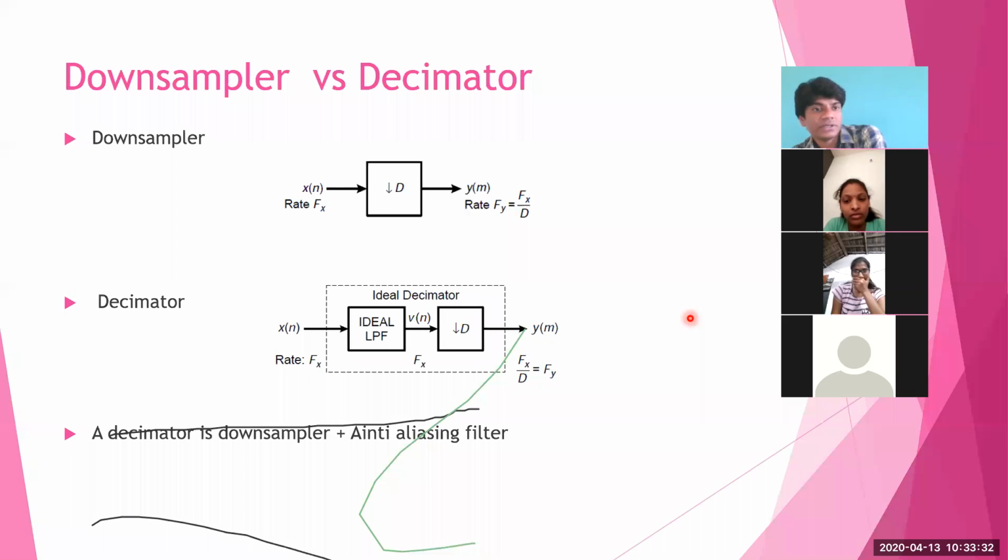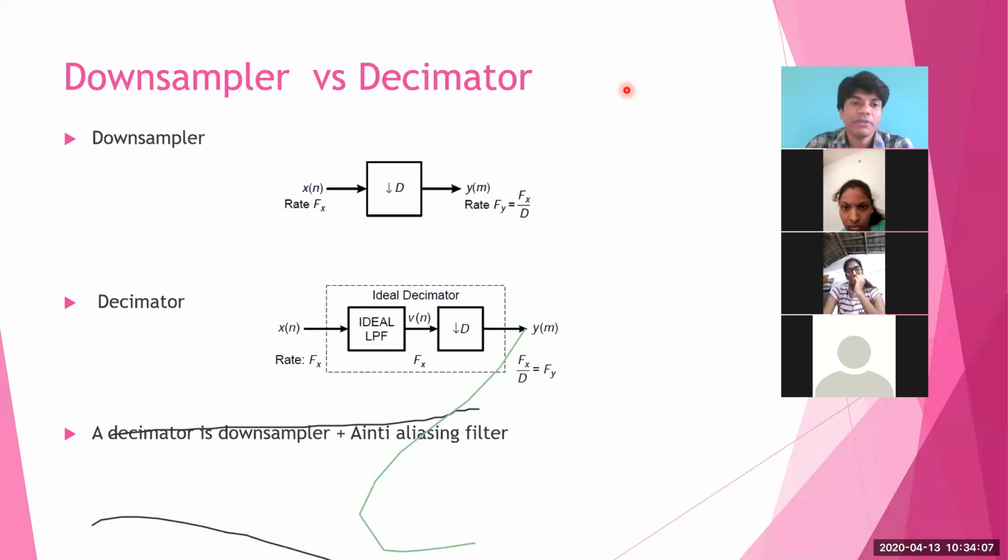Now, just as I said earlier, I'll be telling you the difference between a downsampler and a decimator. For a downsampler, you give it x of n with a certain sampling rate and send it through a downsampler of factor D, and it will give you a new sampling rate, which is Fx divided by D. But the problem with the downsampler is that it does not really consider the aliasing effect.